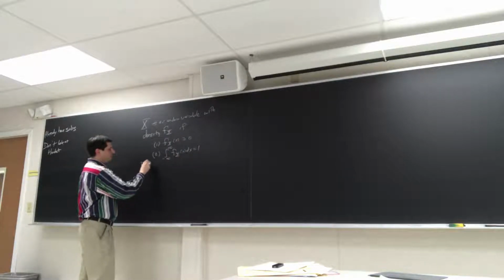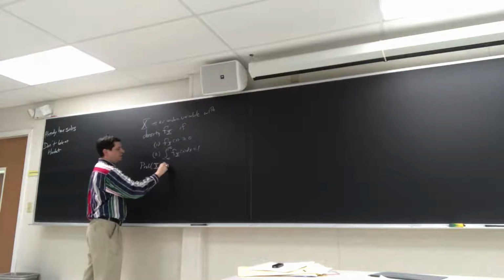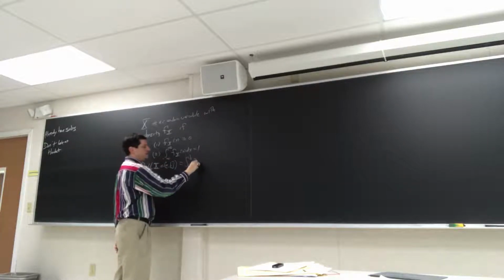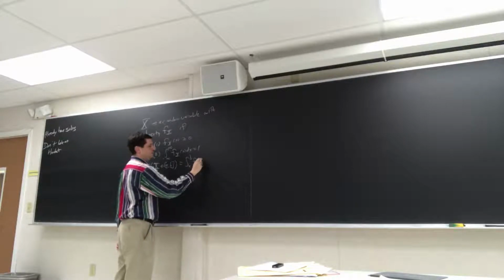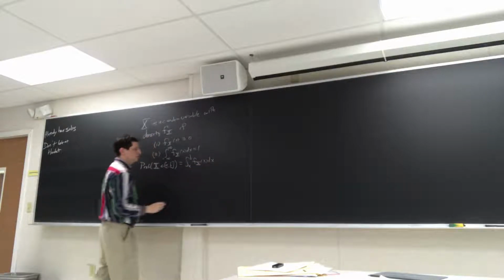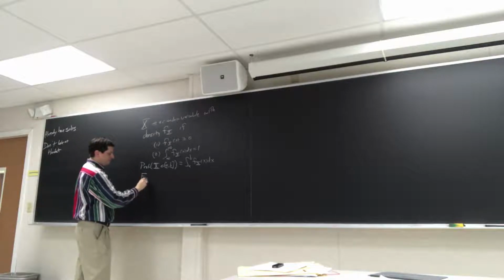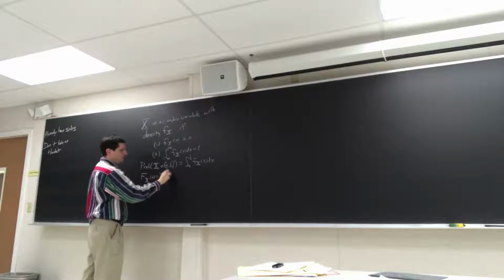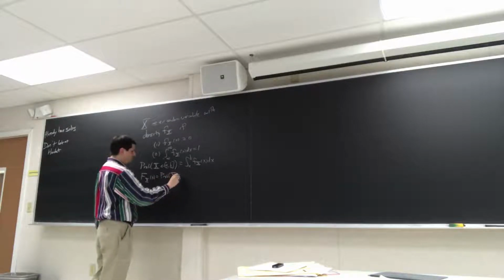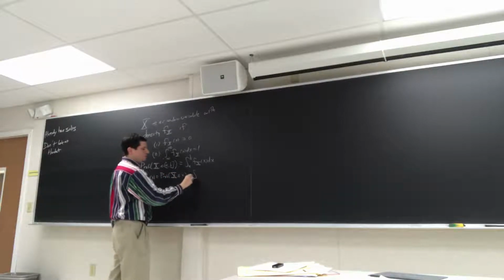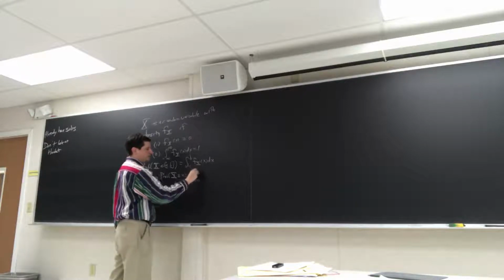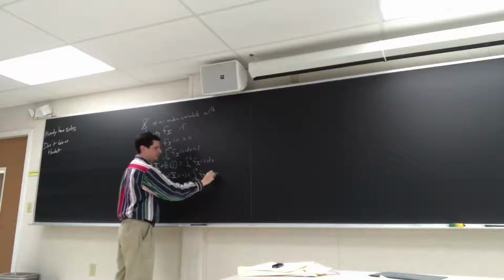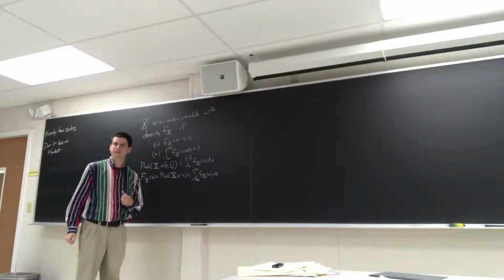We would say the probability that x takes on a value in an interval ab would just be integrating my density from a to b. And then we'll let big F of x be the probability that x is at most little x. And this would be the integral from minus infinity to x of the density, and I'll use t as a dummy variable, dt, because I'm using x as my upper bound of integration.